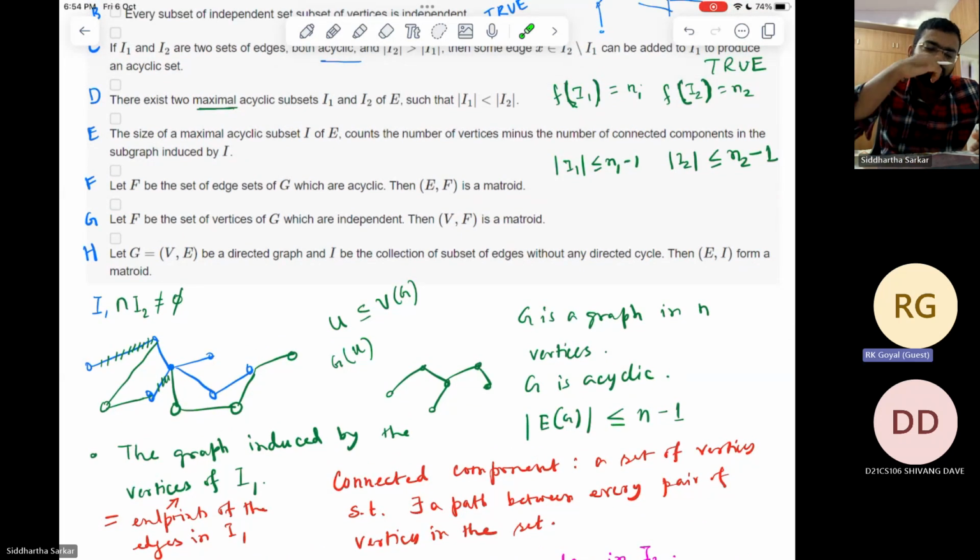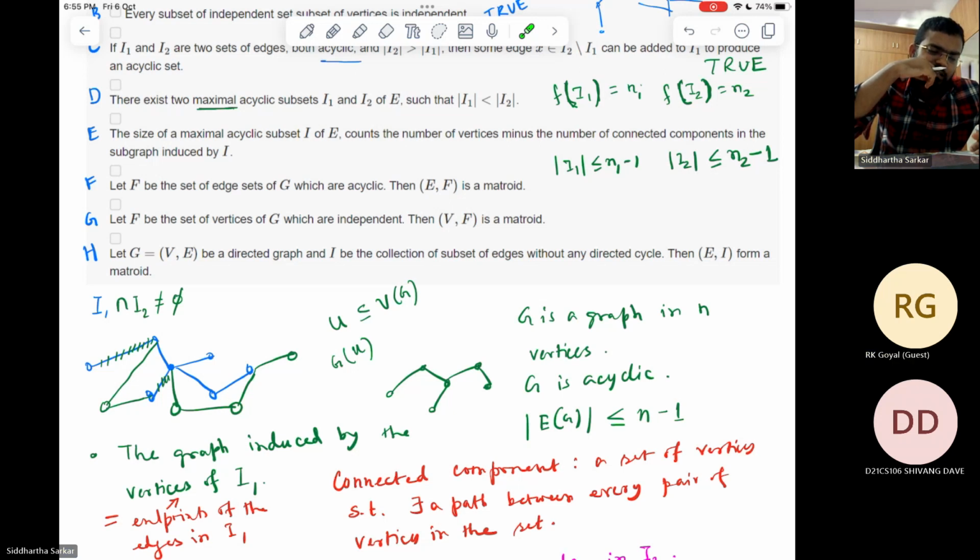So now there exist two maximal acyclic subsets of I1 and I2. If I consider two maximal acyclic subsets, only two, there could be more. Yes, there could be more.